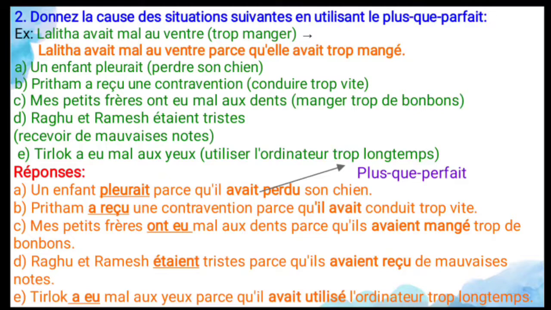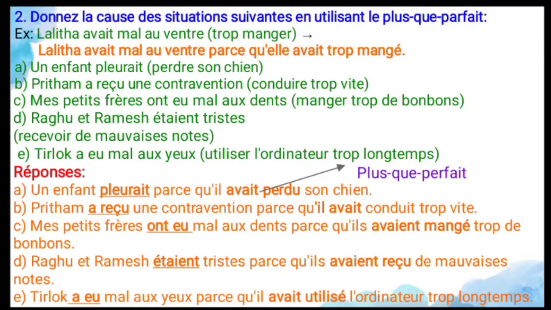Parce que, because qu'ils. The subject is what? ILS, because the subject is plural. Mes petits frères means what? It's masculine plural only. So you can use ils. Qu'ils avaient mangé trop de bonbons. So my little brothers had a toothache because they had eaten too many candies.